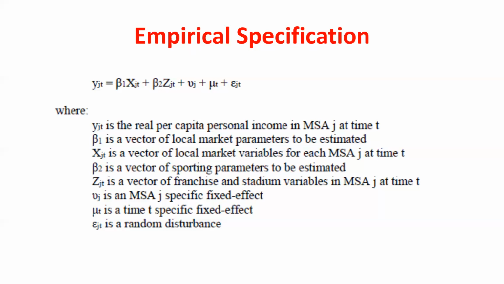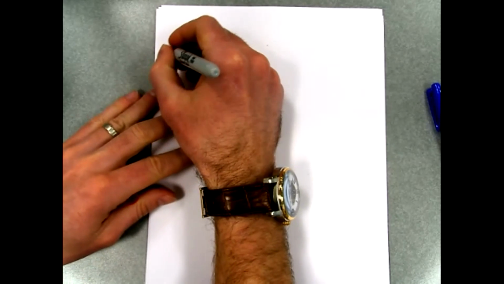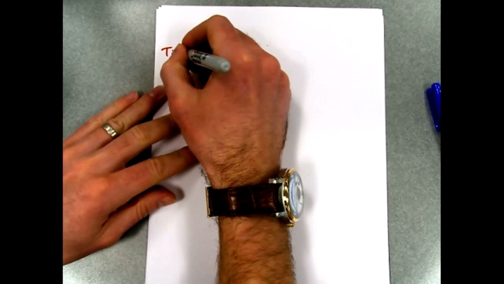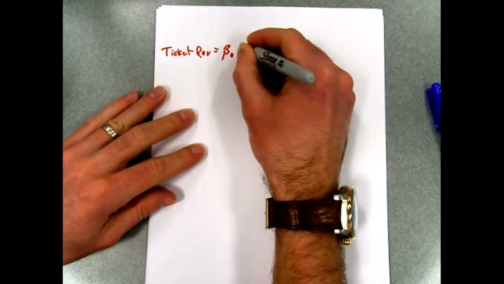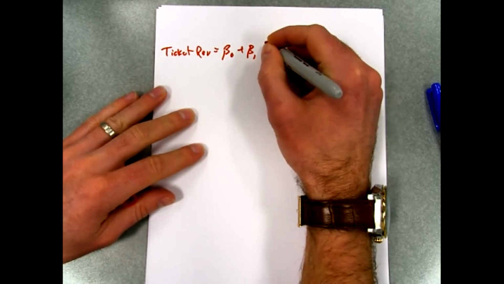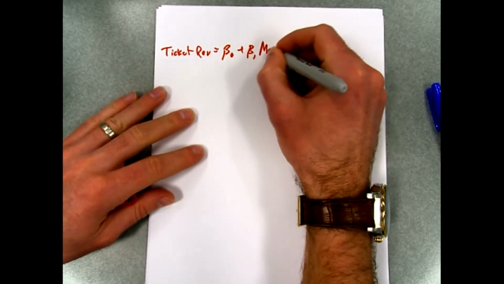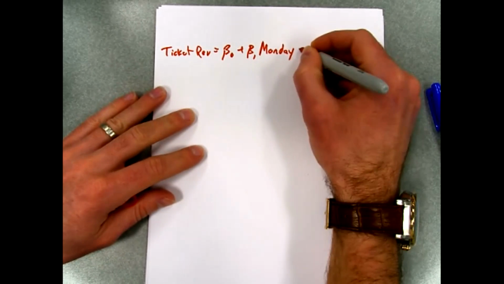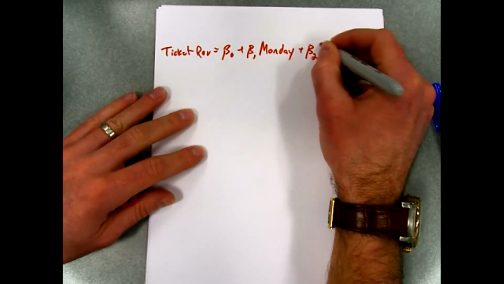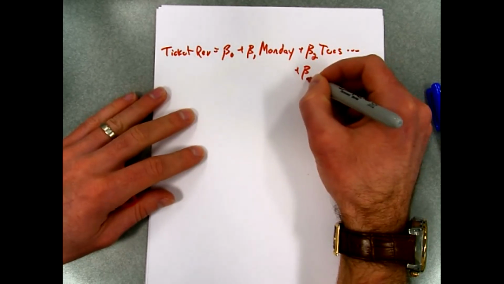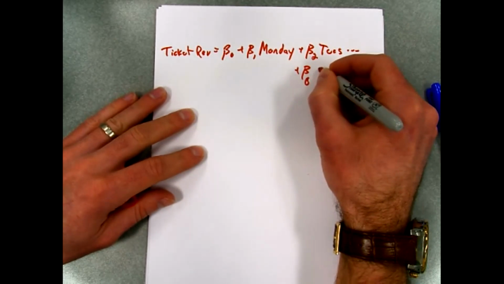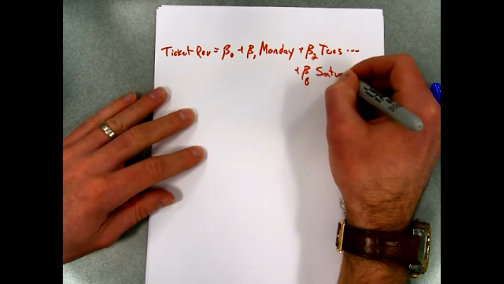Just for example, if I've got ticket revenue, and I think it's a function of day of the week, and here I leave out Sunday and include Monday through Saturday.